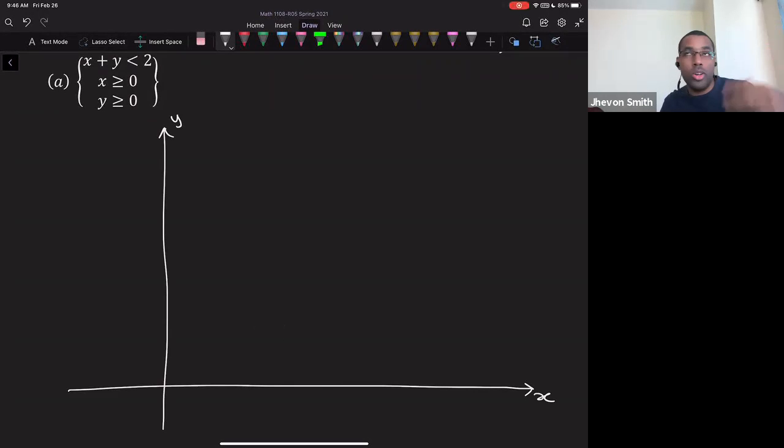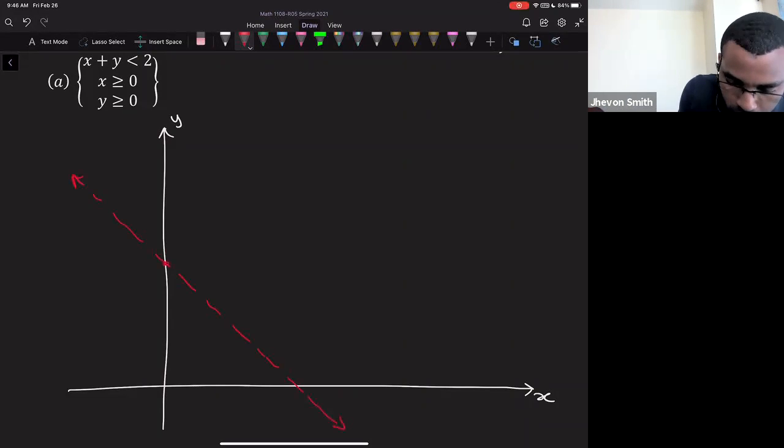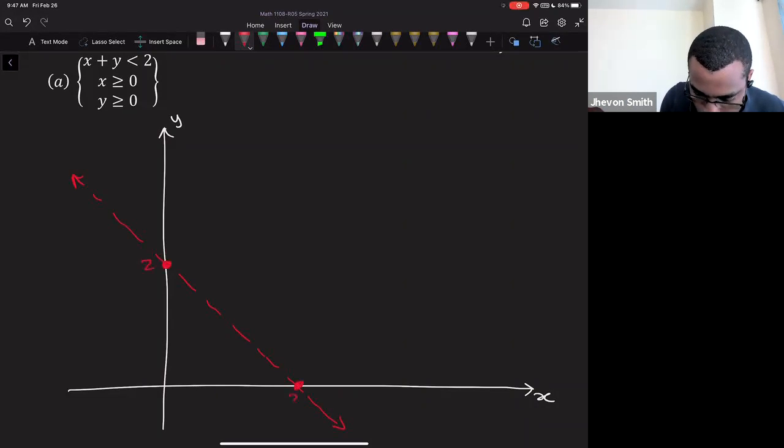You only need 2 points to sketch a linear inequality at most. You plug in one variable equals 0 at a time and solve for the other. Plug in x equals 0, you get y equals 2. Plug in y equals 0, you get x equals 2. So you know it intersects at 2 and 2, and your line is going to look like this.